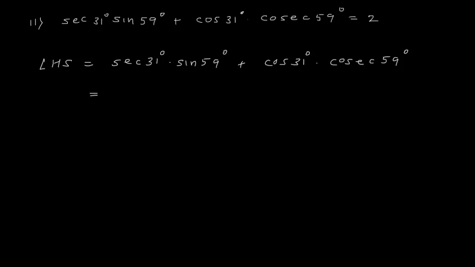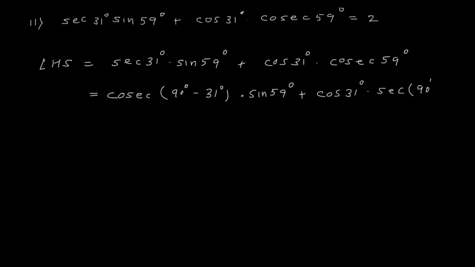Now this sec I will convert in cosec, so I will write this as cosec 90 degree minus 31 degree into sin 59 degree plus cos 31 degree as it is, and then this cosec I will convert in sec, so it will become sec 90 degree minus 59 degree.